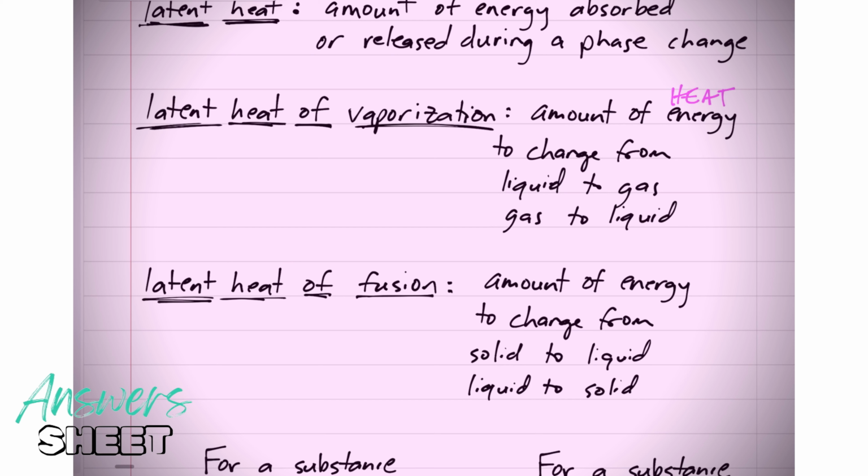Let's talk about these property tables, because we haven't used them yet. This is our first look at our property tables, so let's get comfortable with them. Here are our property tables: Appendix 1 and Appendix 2 in the back of our book. Appendix 1 is SI units.